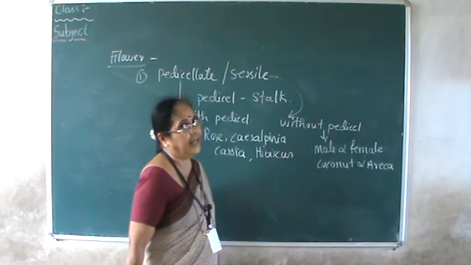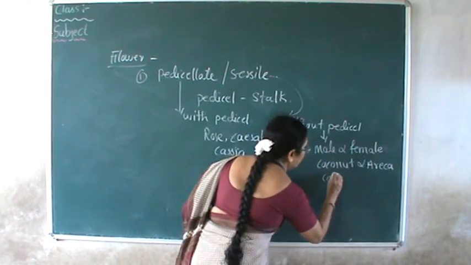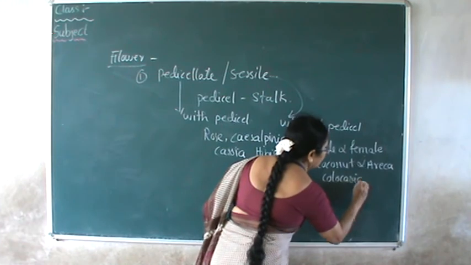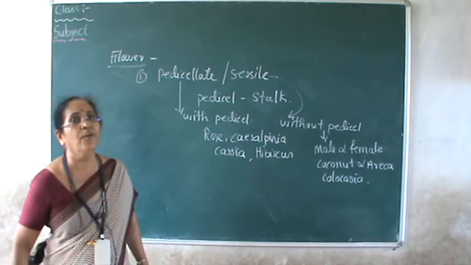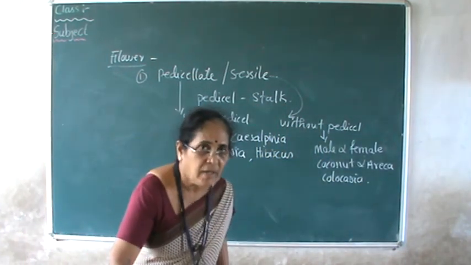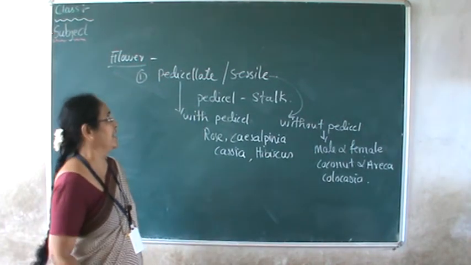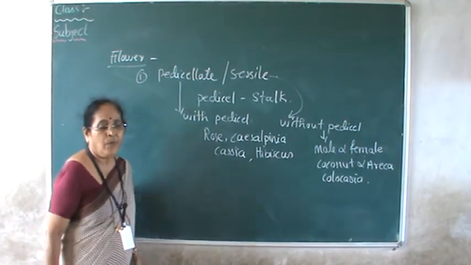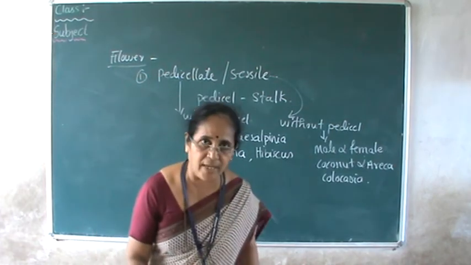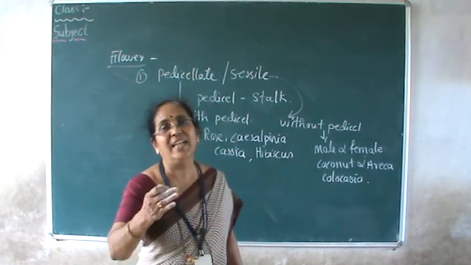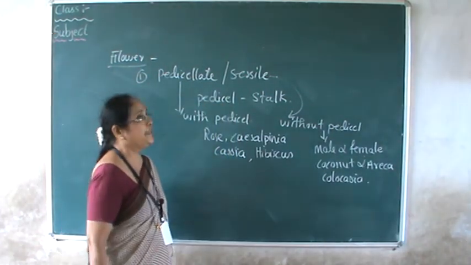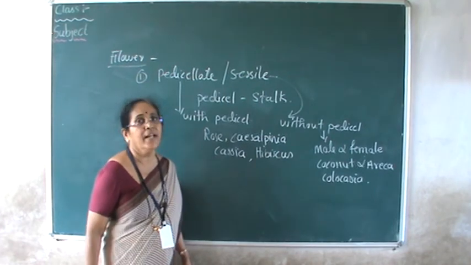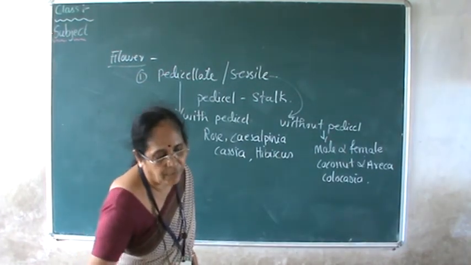And in colocasia also, the flowers are sessile in nature. They don't have a specific stalk; they are directly present on the axis. This is the first word to describe the flower. You have to check the pedicel. If the pedicel is present in a flower, describe the flower as pedicellate. If there is no stalk, then you have to describe it as a sessile flower.